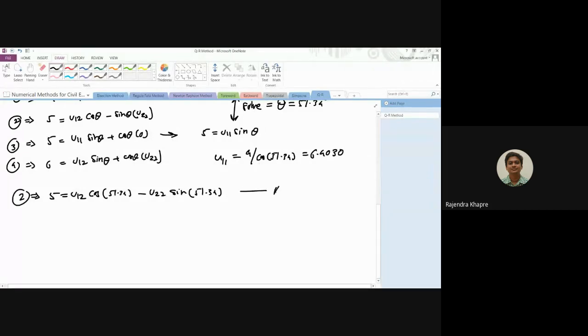Let us say this is expression A. The fourth expression will be 6 equals U12 sine of 51.34 plus U22 into cos of 51.34. This is going to give you expression B. Okay, so you just solve this and let me know the values.